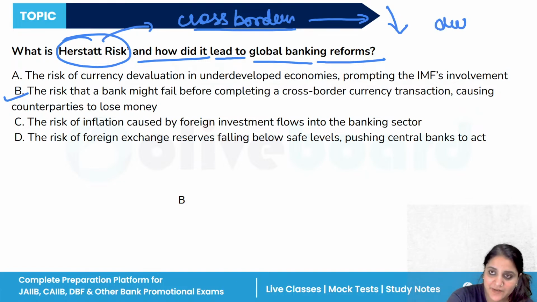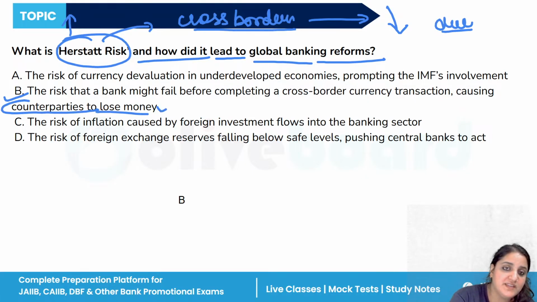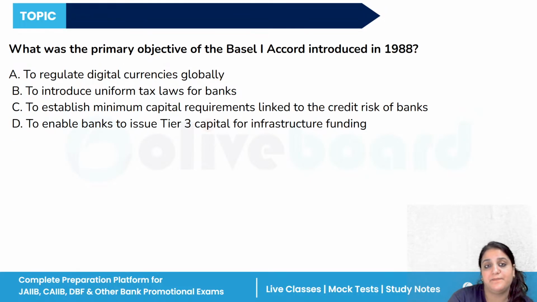Due to the time difference, Herstatt Bank was unable to complete the cross border currency transaction on time, and the counterparties started losing money. So option B is correct here.